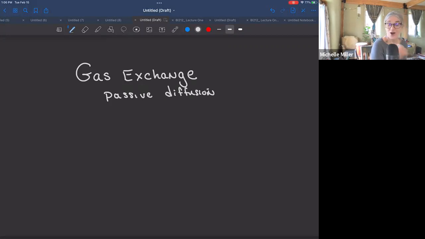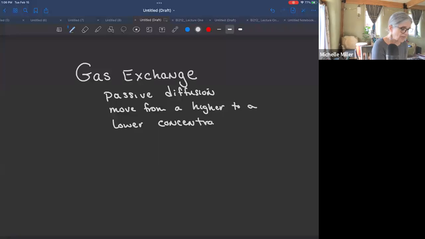So gases are dissolved in water, and so they move from a higher concentration to a lower concentration. So that means that we don't have to use energy to pump the gases. We don't have to use ATP.